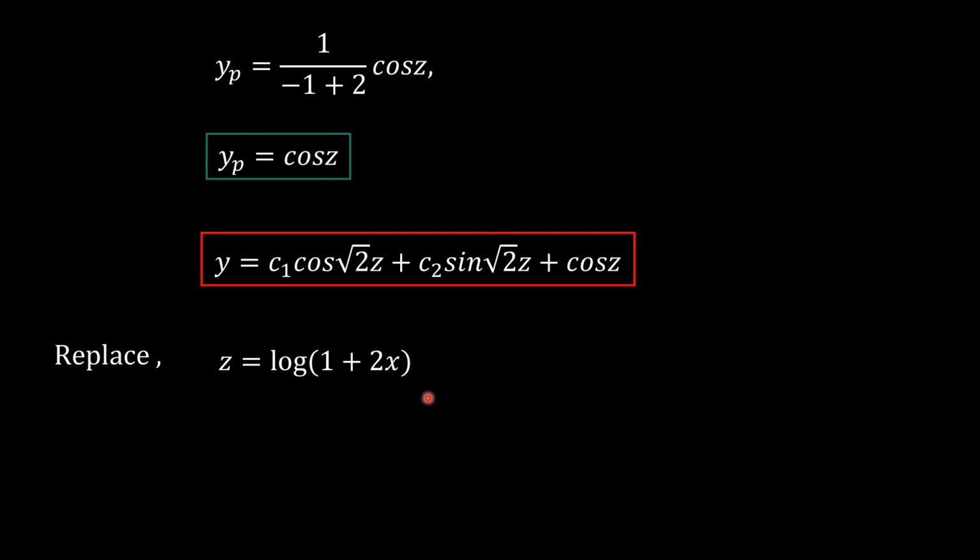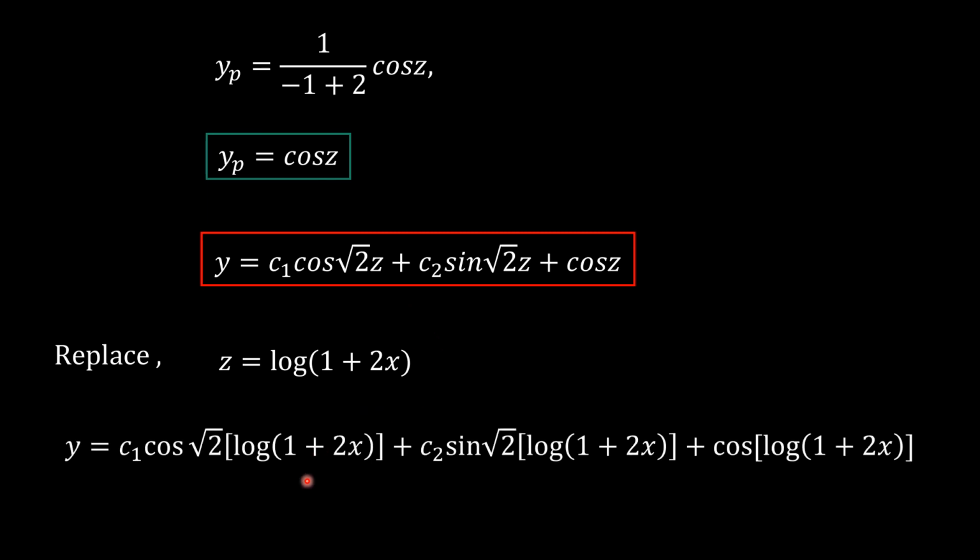So y is equal to c1 cos of root 2 into log of (1 plus 2x) plus c2 sin of root 2 into log of (1 plus 2x) plus cos of log of (1 plus 2x), which is the required general solution of Legendre's linear equation.